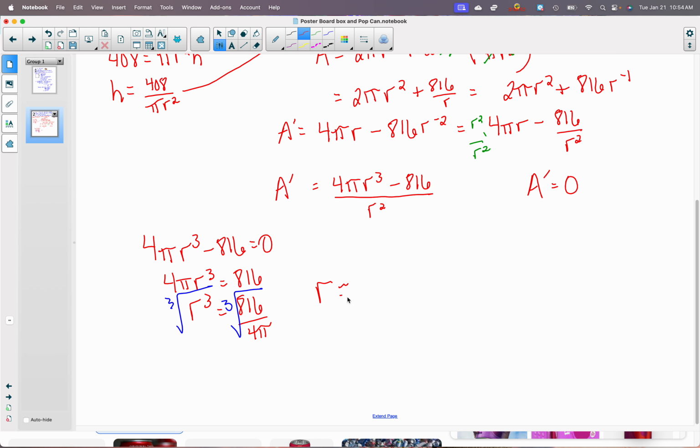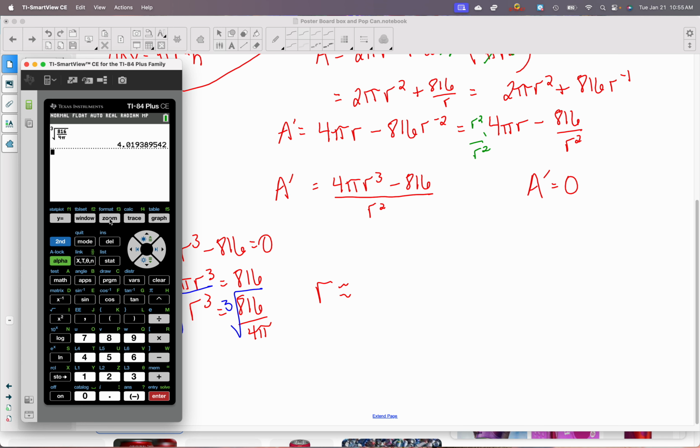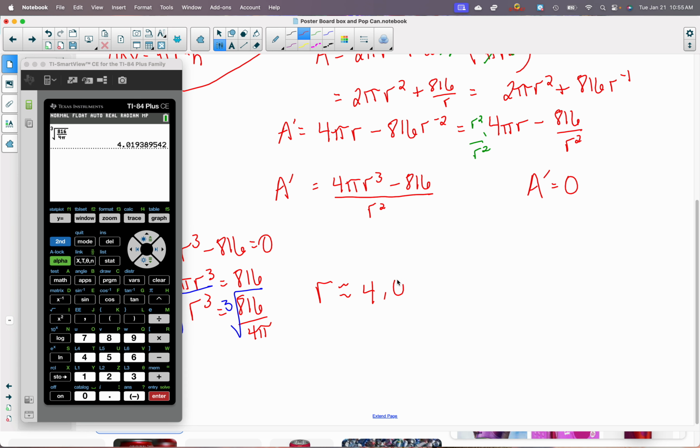So I get r is approximately, okay, so over here I did that, and I get about 4.019, and I believe I am in centimeters. So I need to verify that we're looking to minimize. So this is my 0.